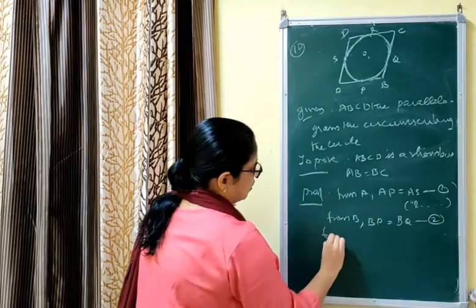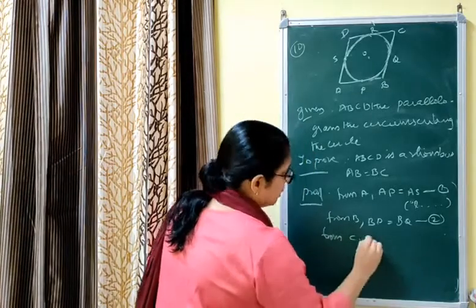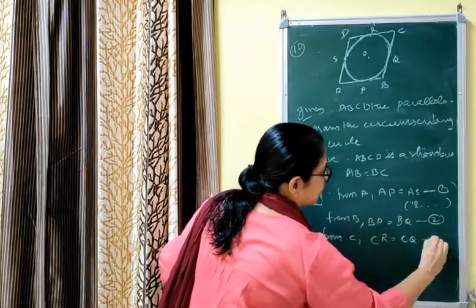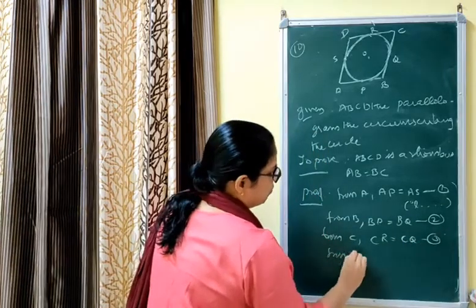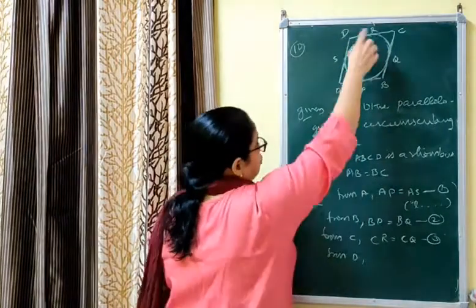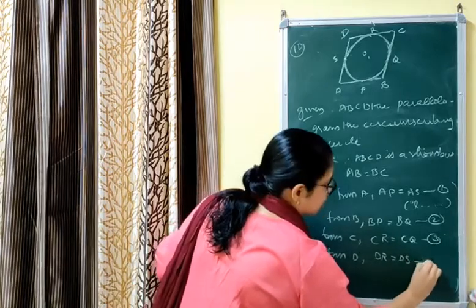Now from C, which one you have to take? CR is equal to CQ, that is equation number 3. Now which point is left? D. D से कौन सा लेना पड़ेगा? CR के बाद DR लाना चाहिए, so DR is equal to DS, equation number 4.